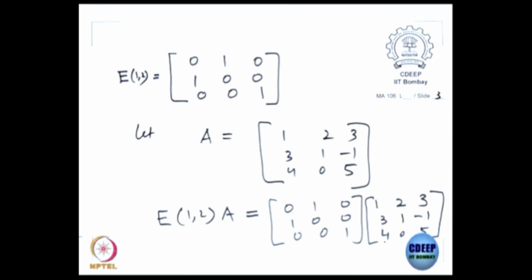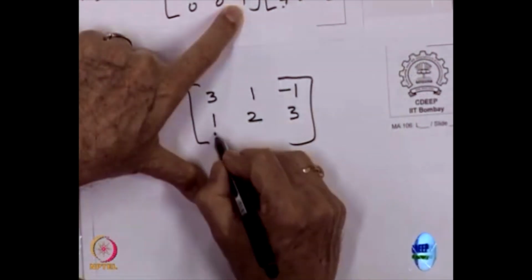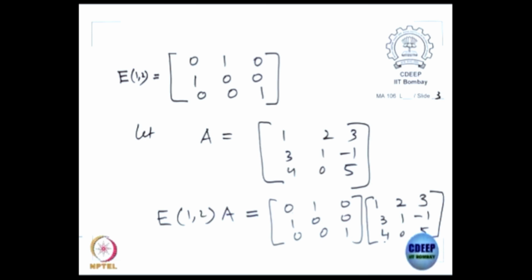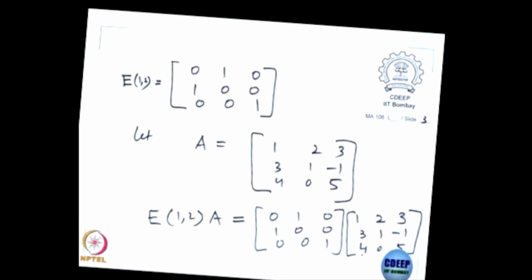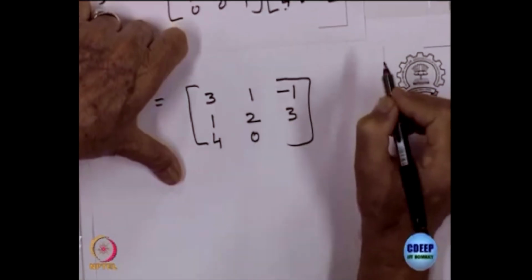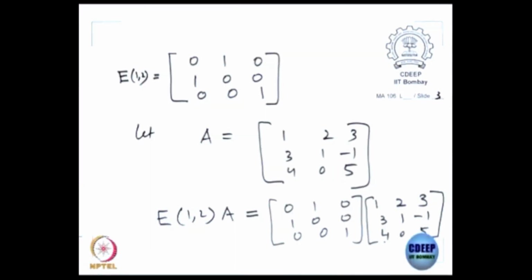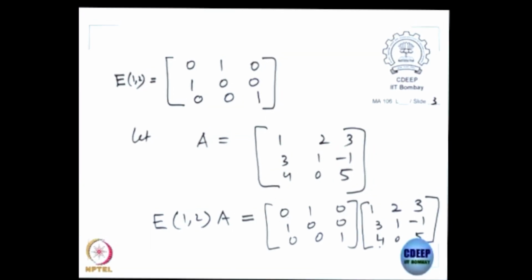Last row, 0 0 1 with 1 3 4 gives 4. With the second column, 0 0 1 with 2 1 0 gives 0. And the last one, 0 with 3 is 0, 0 with minus 1 is 0, 1 with 5 is 5.